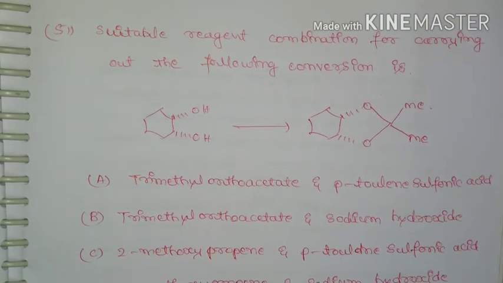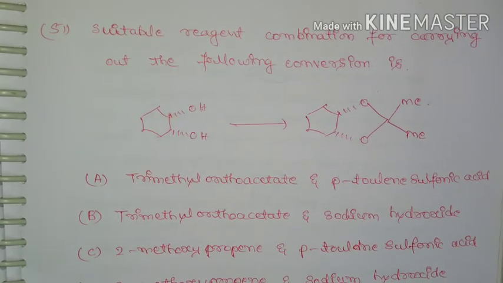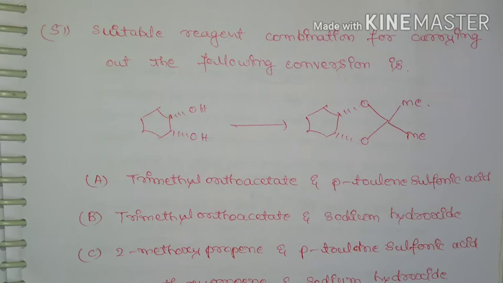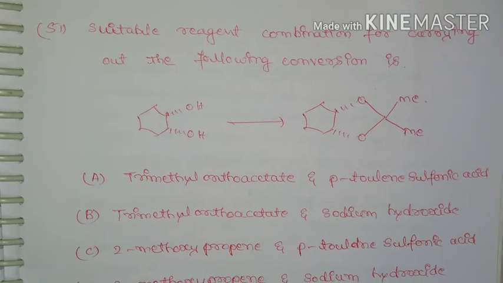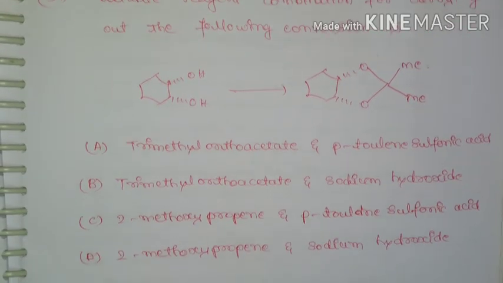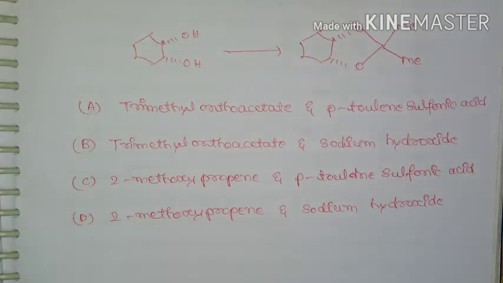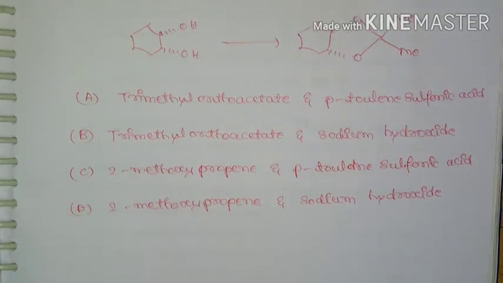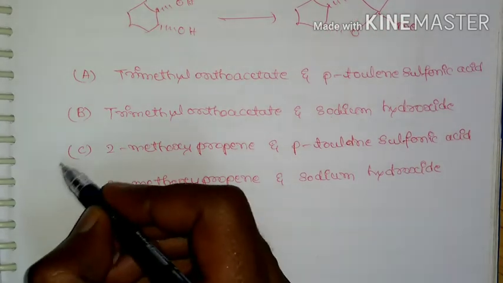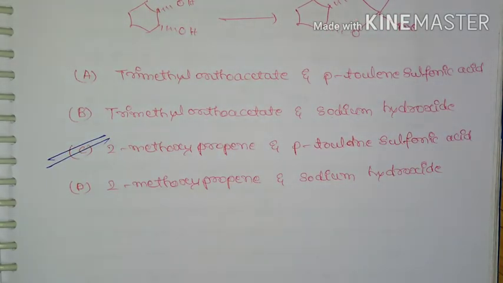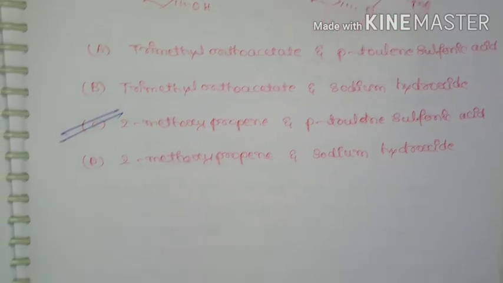If we come to the next question, the 51st question: suitable reagent combination for carrying out the following conversion. Here it is a protection of 1,2-diols, and we protect this 1,2-diol by using 2-methoxypropene and paratoluene sulfonic acid.